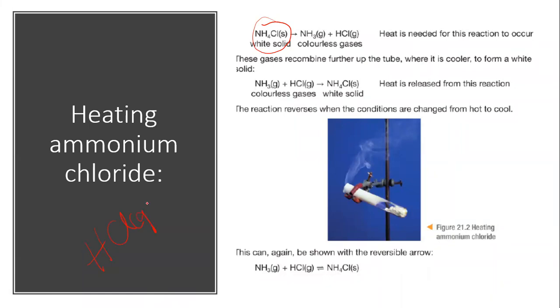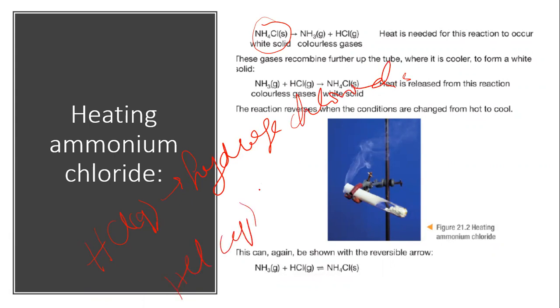When HCl is in a gaseous form, we call it hydrogen chloride. When the same HCl is in an aqueous form, we call it hydrochloric acid. So that is the difference between them. If they tell you that hydrogen chloride is being formed, you know that is HCl in gaseous form. If they say HCl in aqueous form, that is hydrochloric acid.